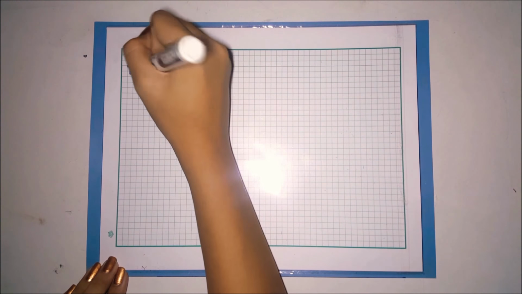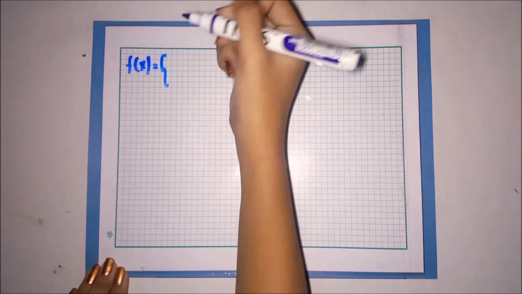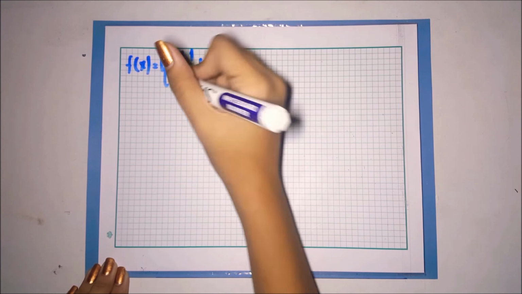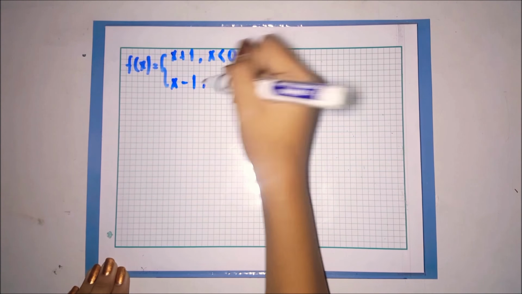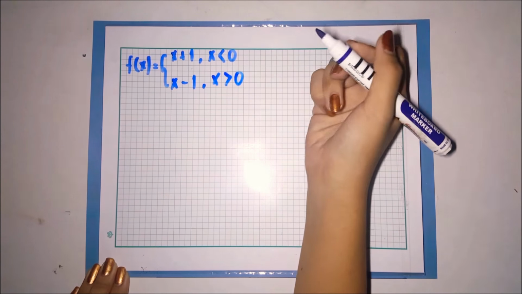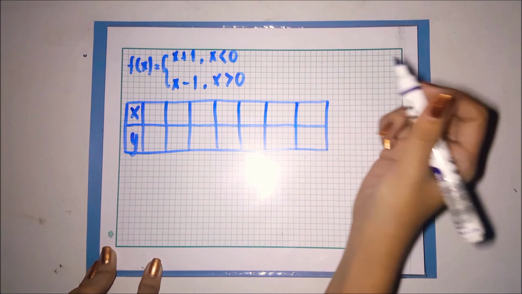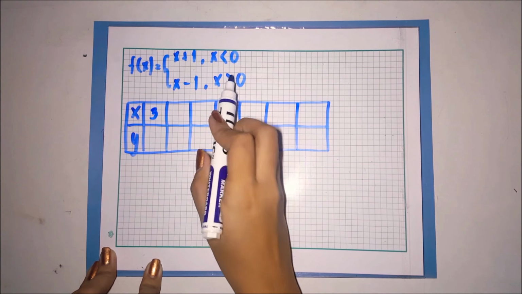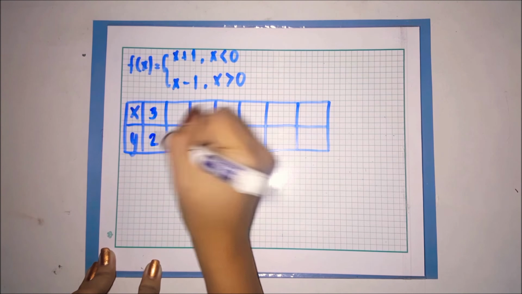Why don't we look at another function then? f(x) equals x plus 1 if x is less than 0, and x minus 1 if x is greater than or equal to 0. Let's try what we did earlier. If x equals 3, we get y equals 2. If x equals 2, we get y equals 1.